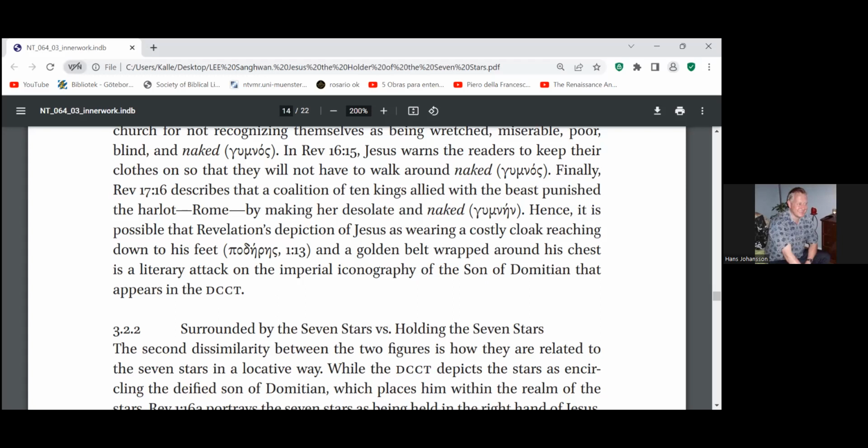In Revelation 16:15, Jesus warns the readers to keep their clothes on, so that they will not have to walk around naked.